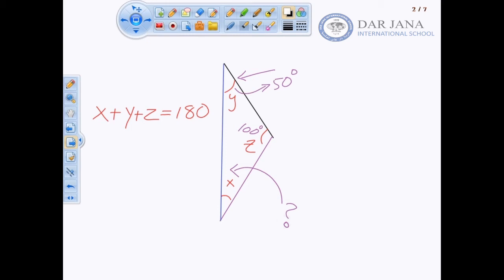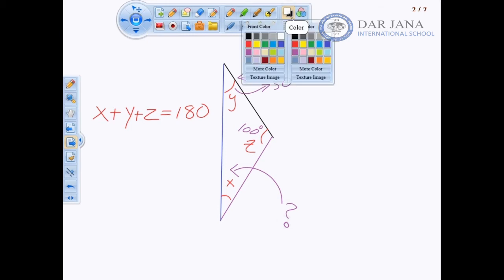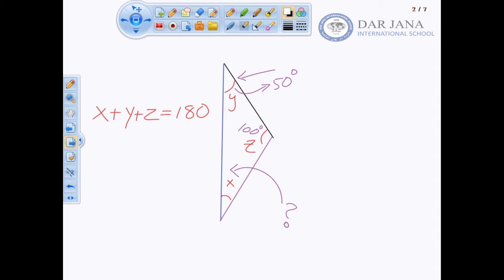All I have to do is come down here, so I have X plus 50 plus 100. All three should add up to 180 degrees. So I have now X plus 150 equals 180 degrees.